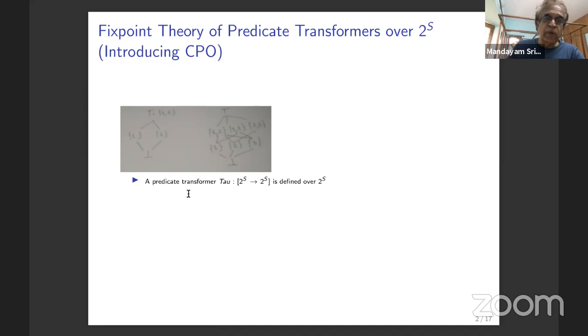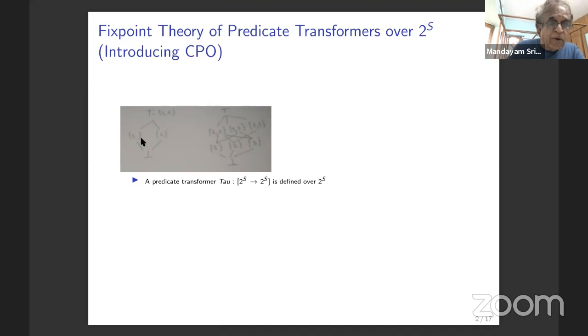Therefore what we are interested in is these predicate transformers. They map sets of states to sets of states, or formulas representing a set of states to formulas. So these functions are over the power set domain, and they are defined over a complete partial order.